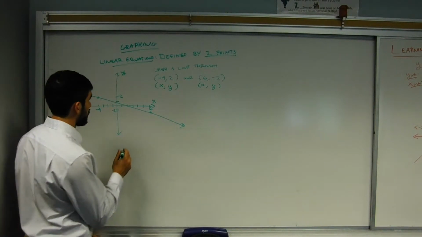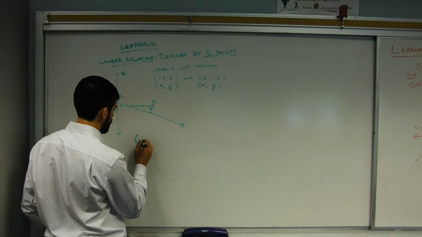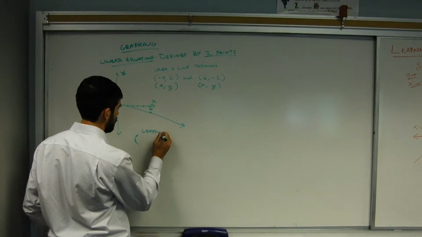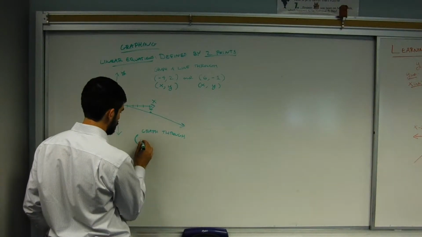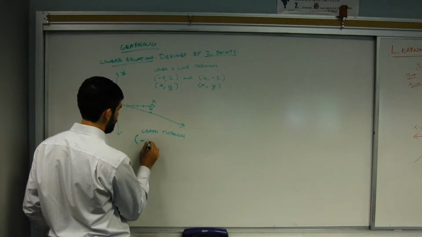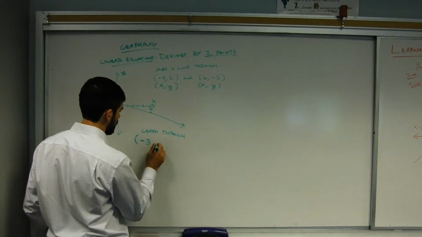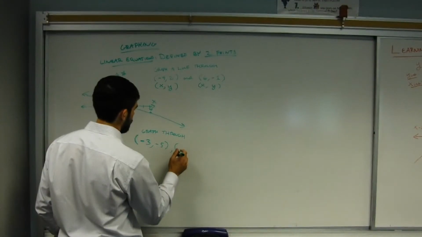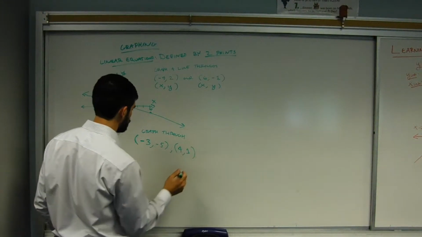So if we want to do another example, suppose we have the graph through, let's do negative 3, negative 5, and 4, 1.